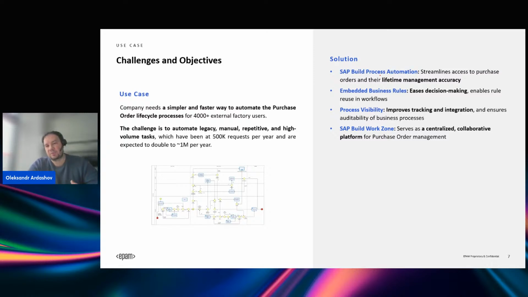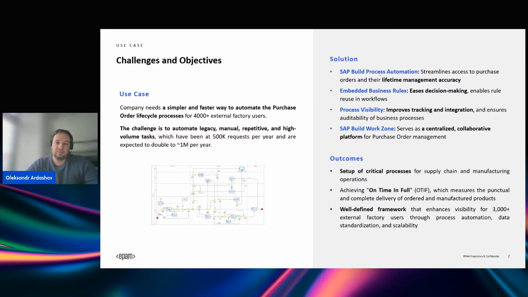This brings transparency to my business flows. And SAP Build Work Zone is well known as SAP Launchpad. It is the central component which gives role-based access to all my applications and allows me to interact with the system.